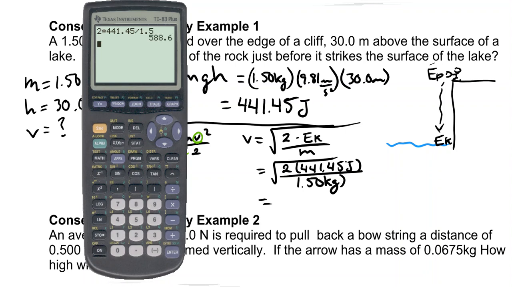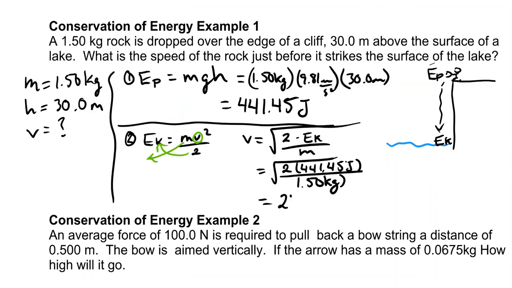Get the answer, then press second, x squared, which is the square root, and then second answer. Now we take the square root of our previous answer, and we get 24.3 meters per second. That's approximately how fast the rock is going to be traveling.